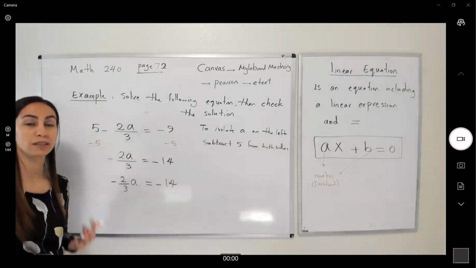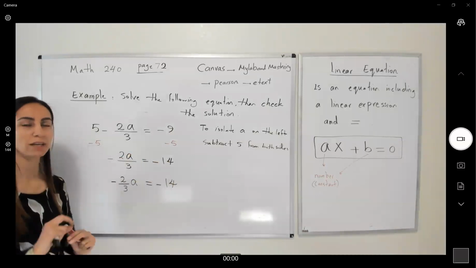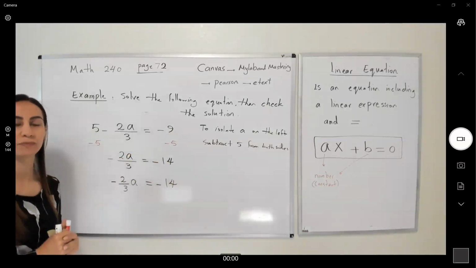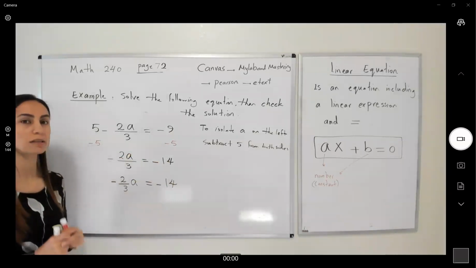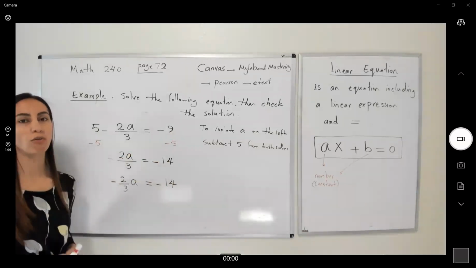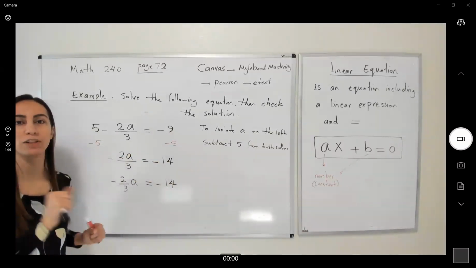What do we do in these situations? When we have a fraction, we look at its reciprocal. The reciprocal of negative 2/3 is negative 3/2. Then we multiply both sides by that reciprocal.